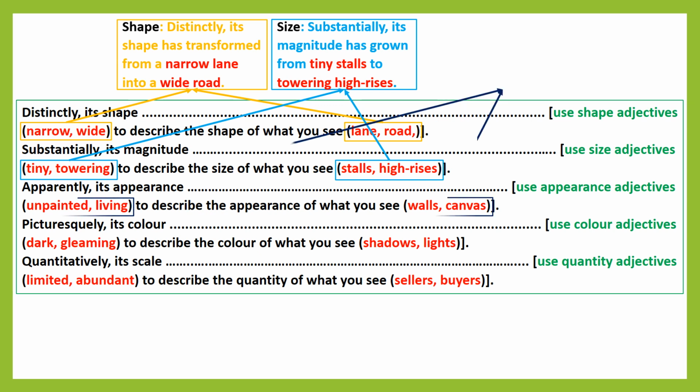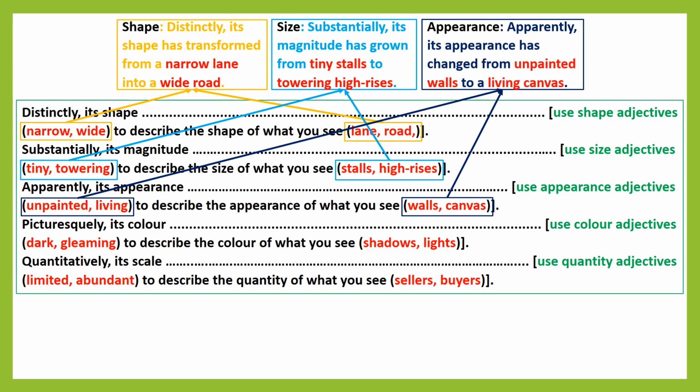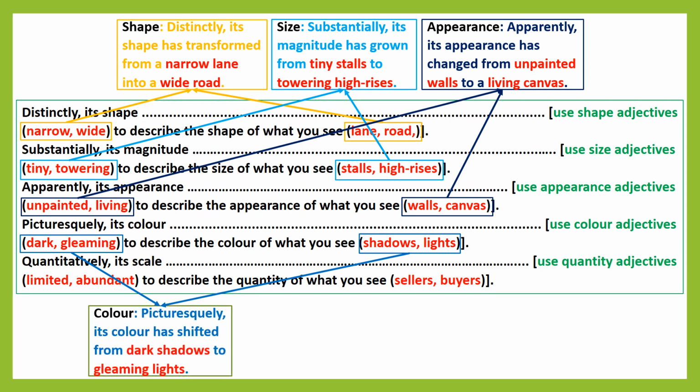Combine the appearance adjective unpainted with the noun walls and living with the canvas to describe the appearance of the street. Combine the color adjective dark with the noun shadows and gleaming with lights to describe the color of the street.